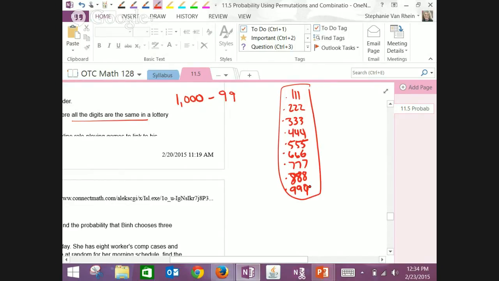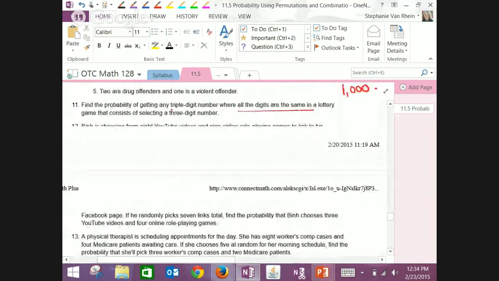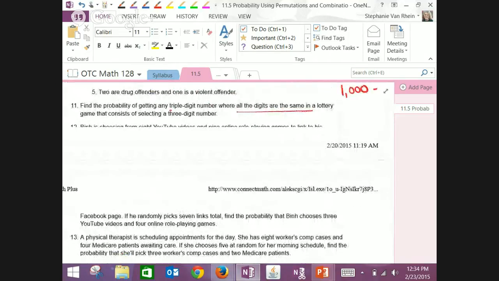Divided by how many total 3-digit numbers are there? And that's what it's asking there. So there's no permutations or combinations there. It's just a problem of thinking how many fit the event divided by how many total numbers are there in that event.